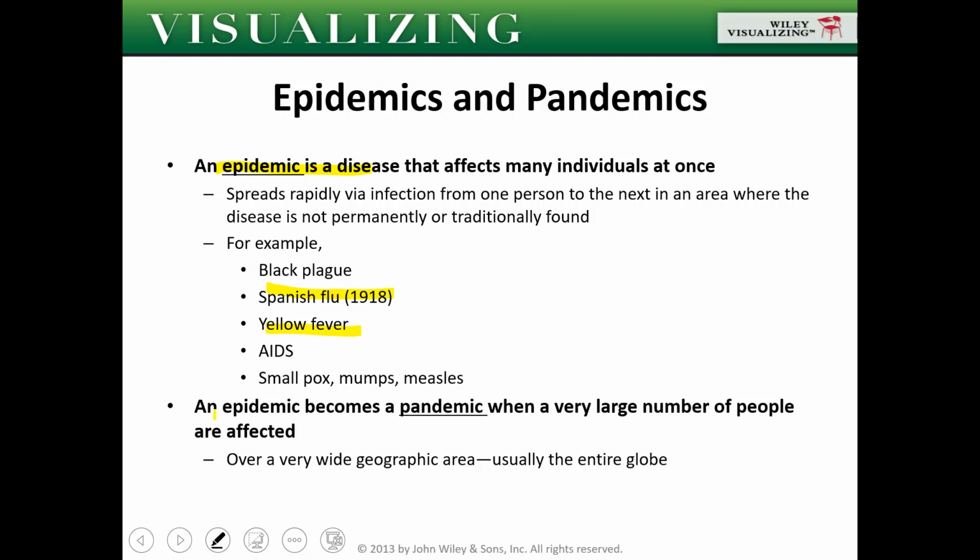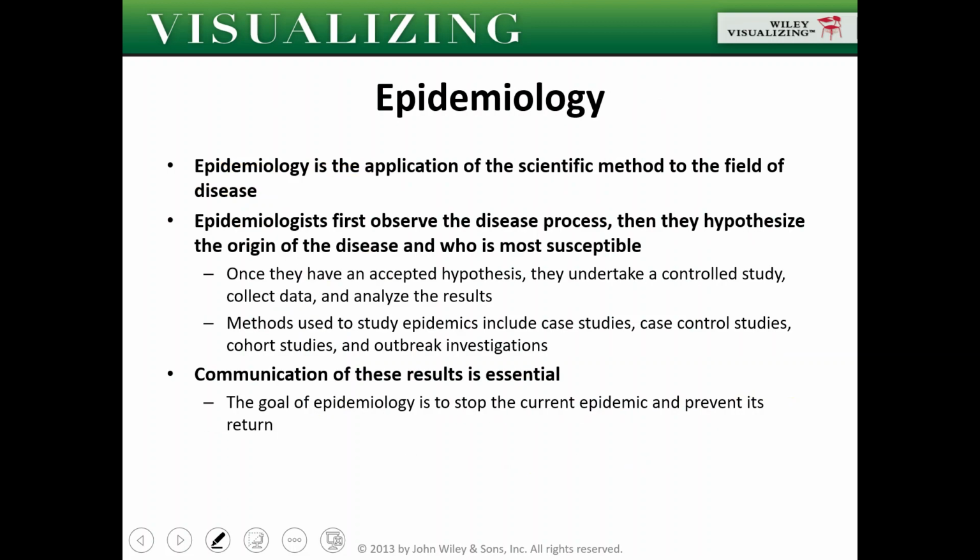A pandemic is not just a very large number of people. The entire globe is affected. The geographic area is extremely wide. So epidemiologists look at the disease process, and then they suggest where the disease came from, so the origin, and who are the people at the highest risk.